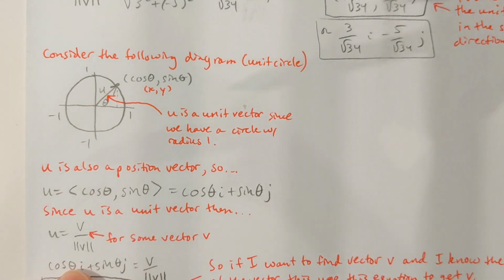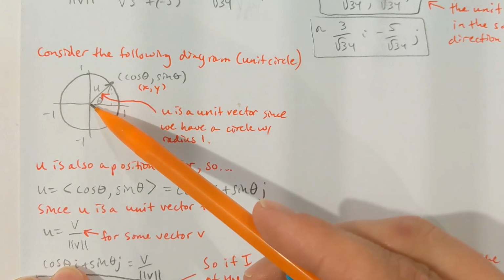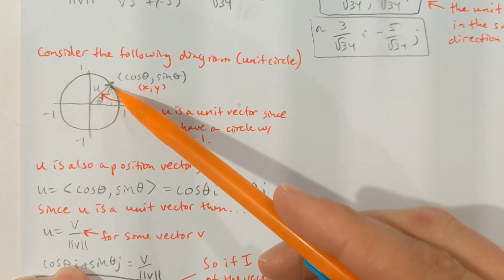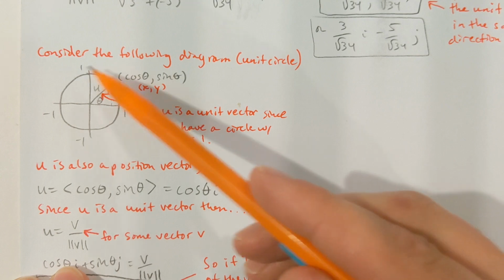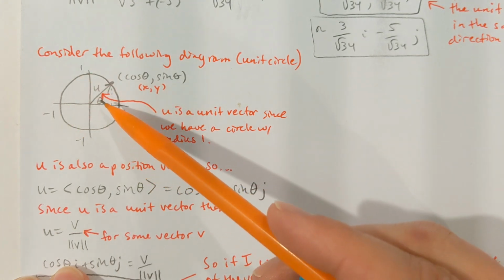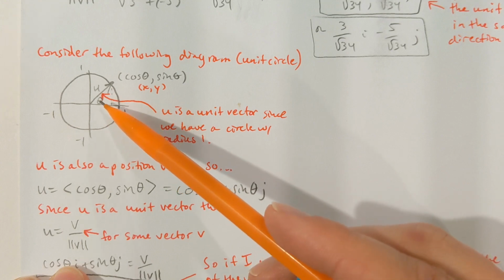The next thing, suppose that we have a picture of a circle of radius 1, and I've got vector u, which is a position vector. I'm starting at (0, 0), and the terminal point is at some point on this unit circle here. Suppose that theta is an angle of inclination that we're using to produce vector u.